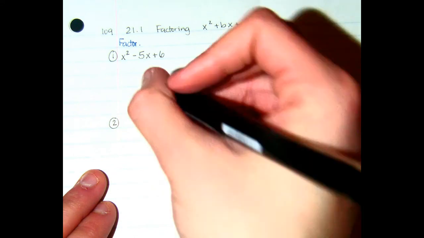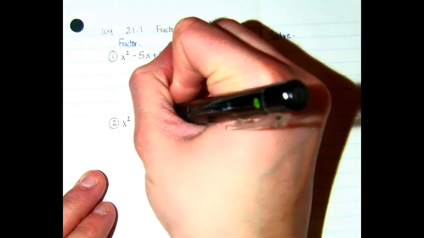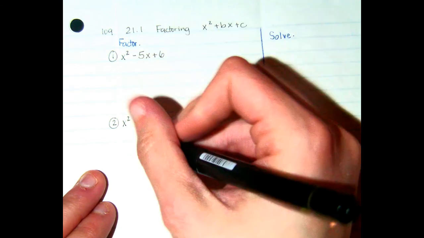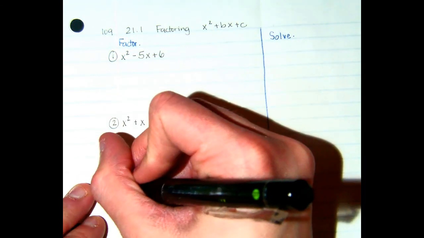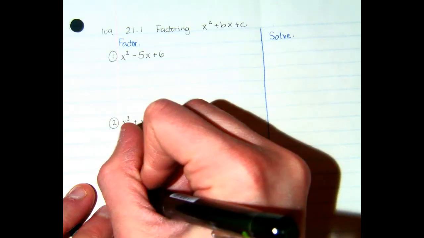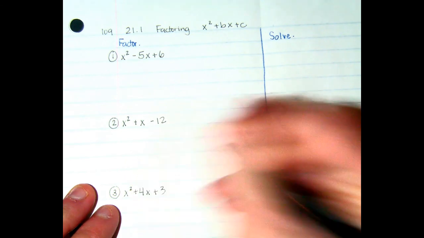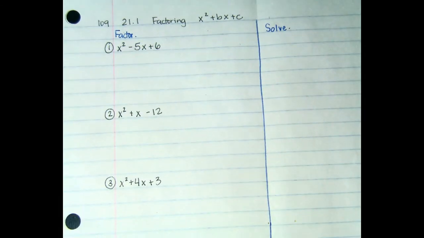X squared plus x minus 12. And number 3, x squared plus 4x plus 3. I want you to write all 3 of those down and start working on whichever one you want to start working on.